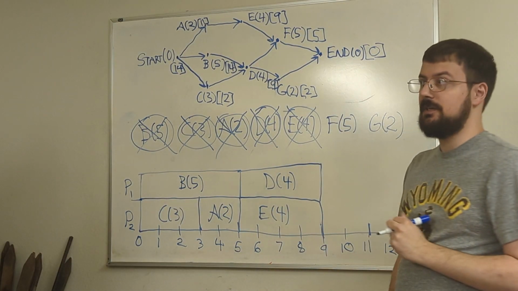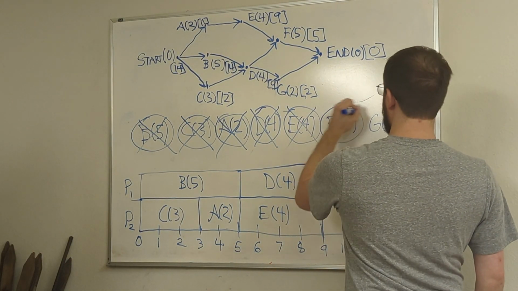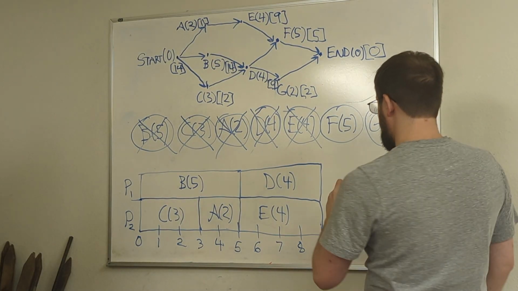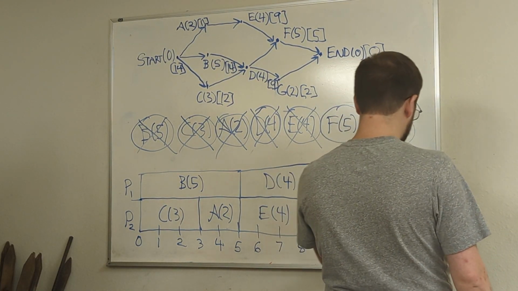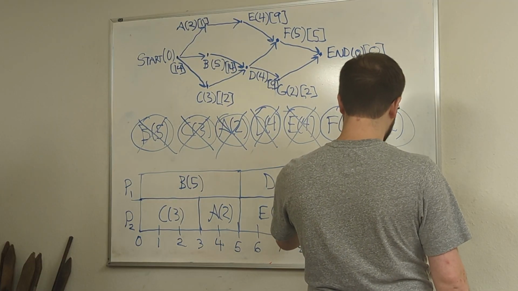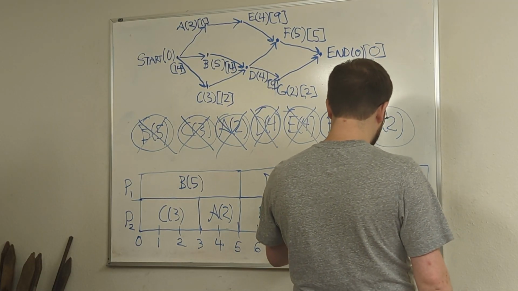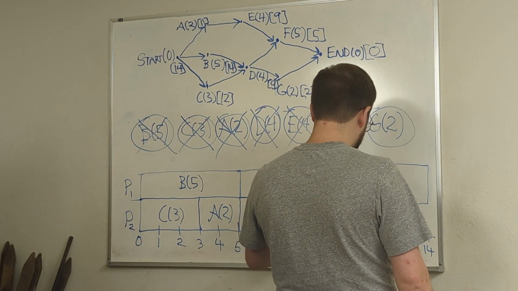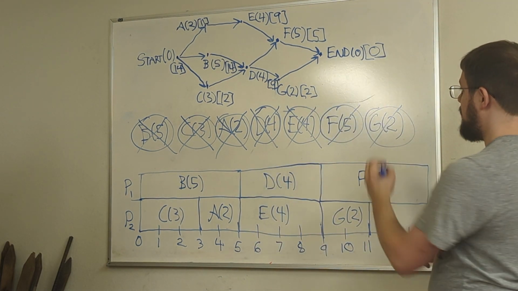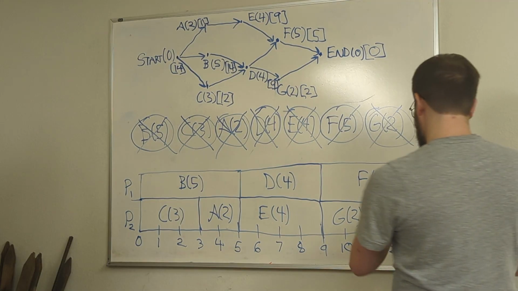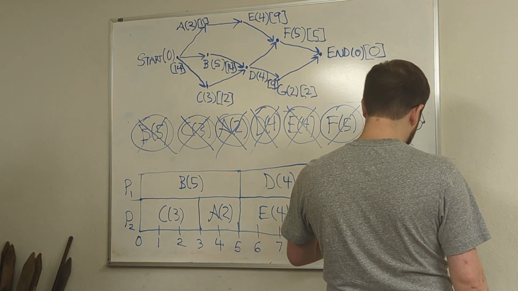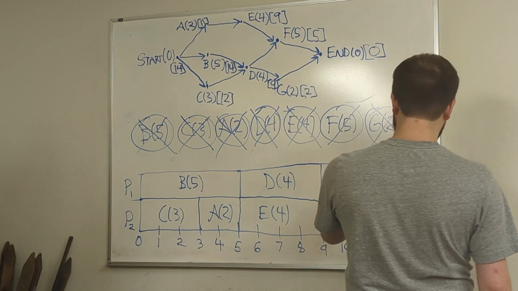That opens up F and G. So we're going to give F to P1 and G to P2. Now you'll notice that in this case, after G finishes, we have some idle time for P2, 3 hours, while P1 is finishing up with F.